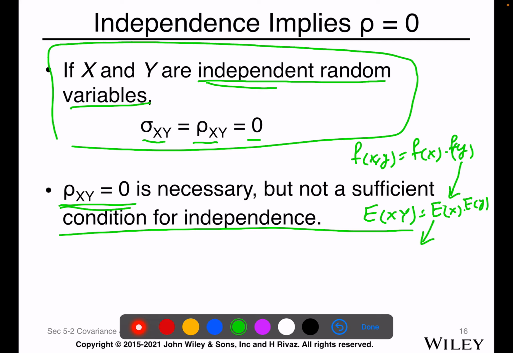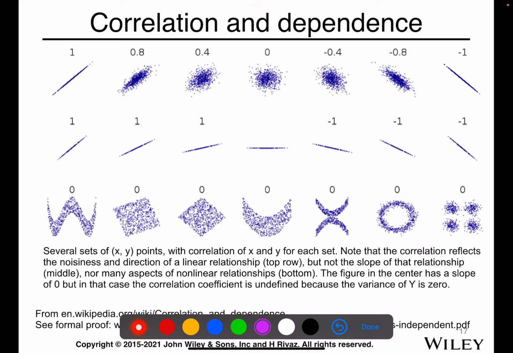And therefore, from this, you can say that the covariance of x and y is zero, right? But unfortunately, we can't go these steps in reverse. The reverse doesn't hold, right? So that means that if covariance is zero, we can't prove that the two random variables are independent. Right? So the second part is beyond the scope of this course. We don't talk about it in this course, but I can show you some examples, right?